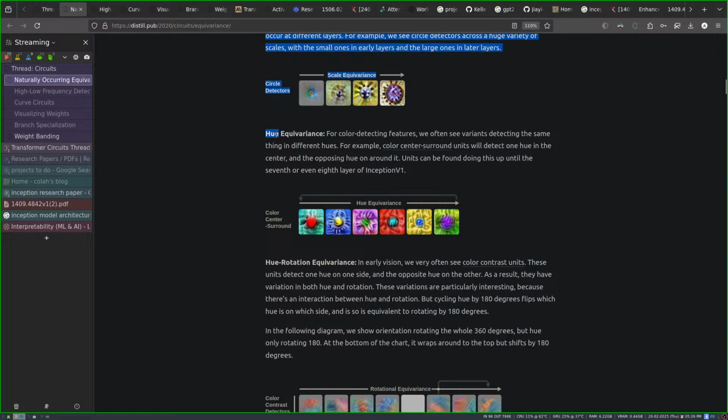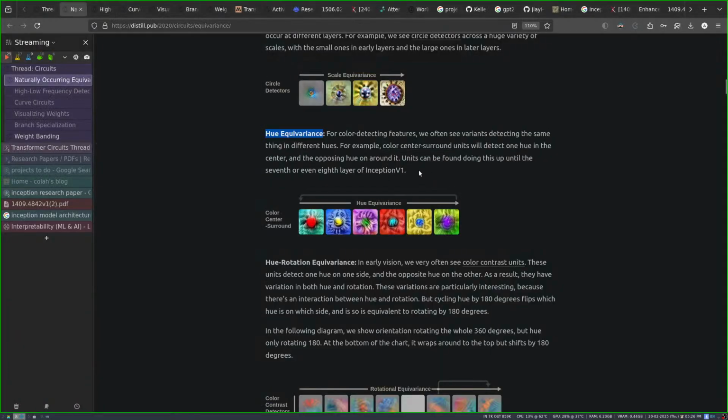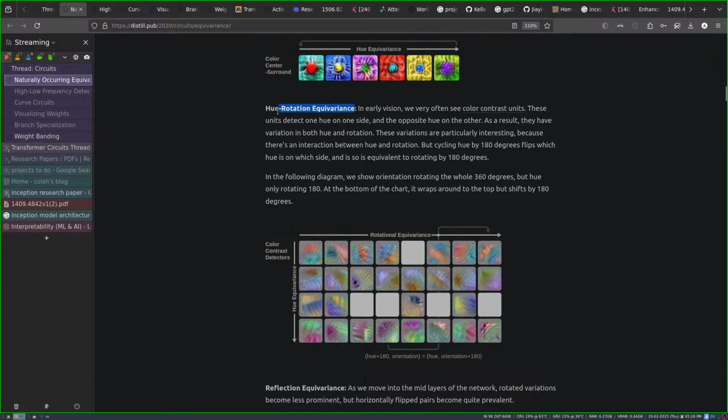For color detection features, you often see variants using the same thing in different hues. What is the hue? It's like the wavelength of the color. Just think of it as a color. Hue rotation equivariance. In early vision models, we often see color contrast units.